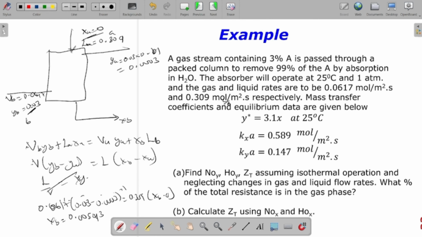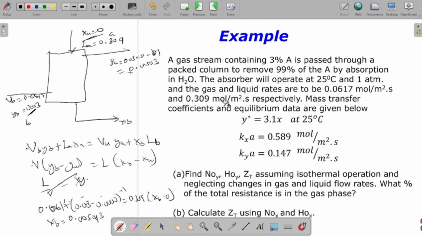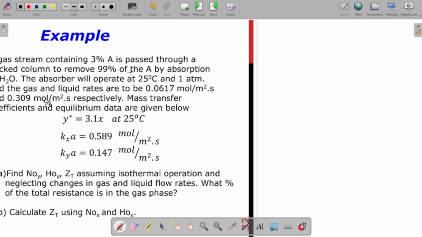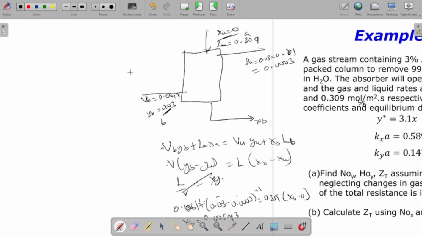So I need XB before I can even continue to think of finding NOY and NOx, and so that you even find the total resistance too. So based on this, I can actually also go on.